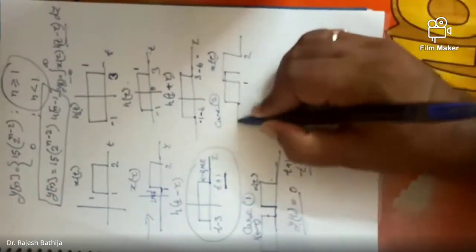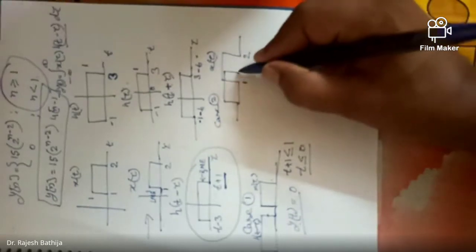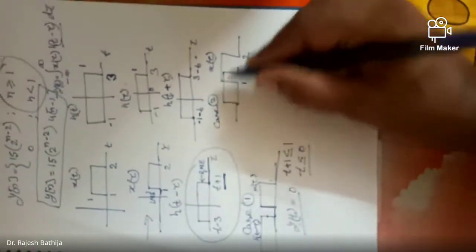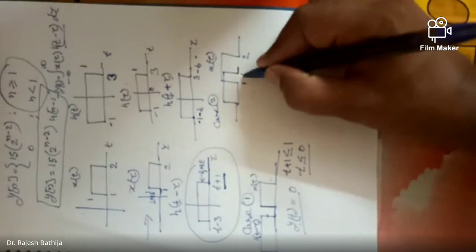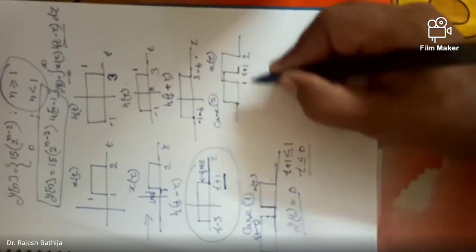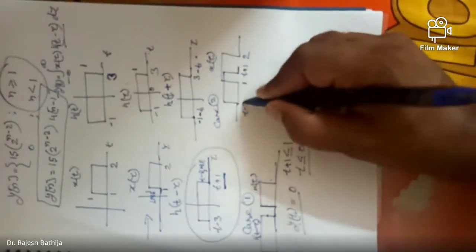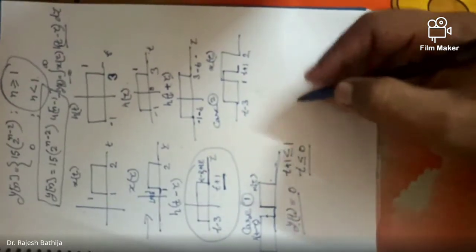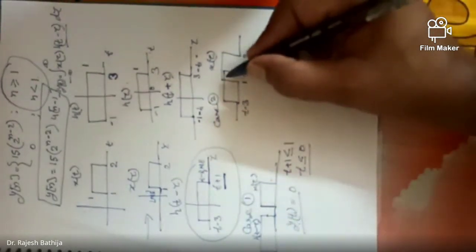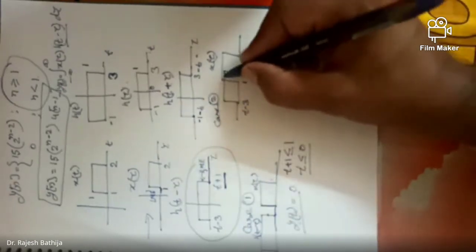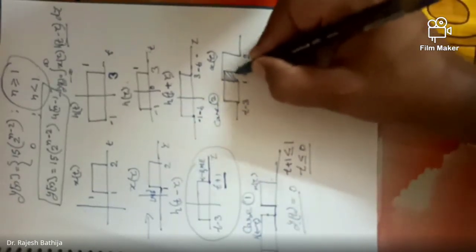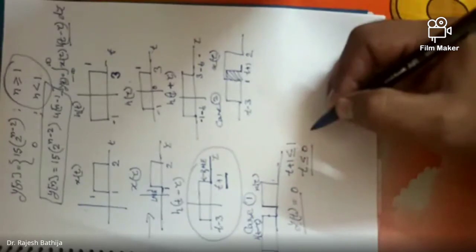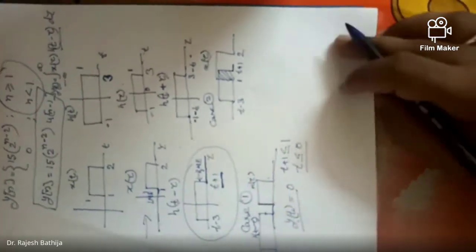Although the heights are the same, it is 1 and 1, I am showing it with a different thing to visualize it properly. So this is t+1, this is t minus 3. This will be my second case, right? Now what is the area which is non-zero? The area will be nothing but this area, right?